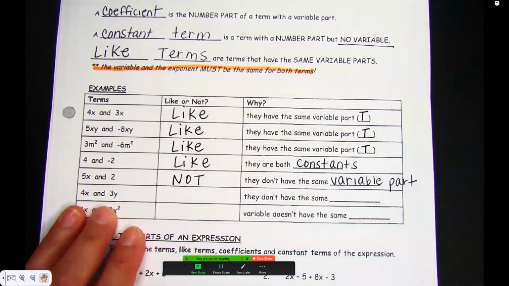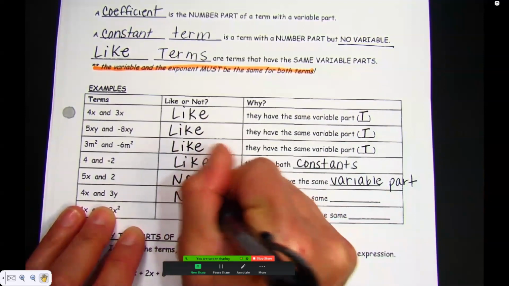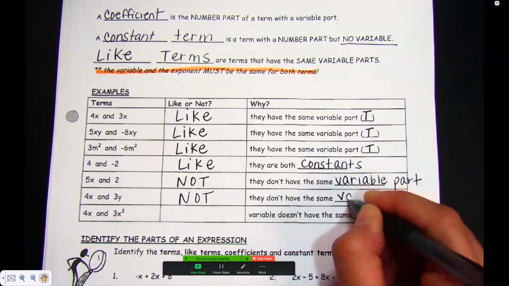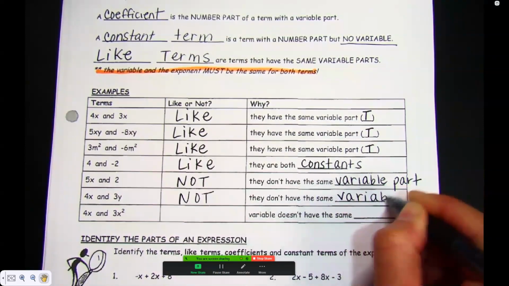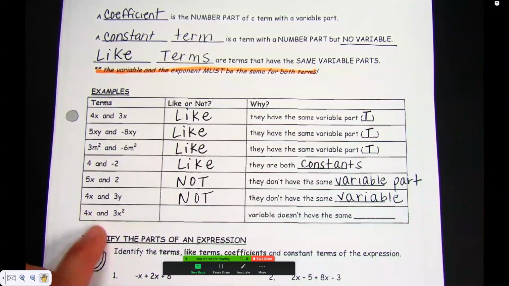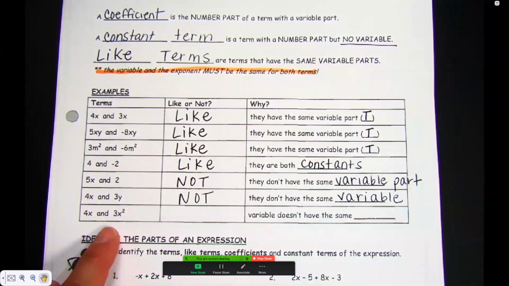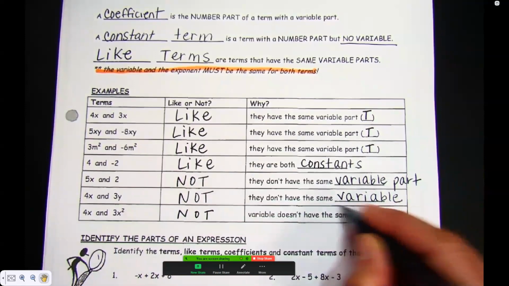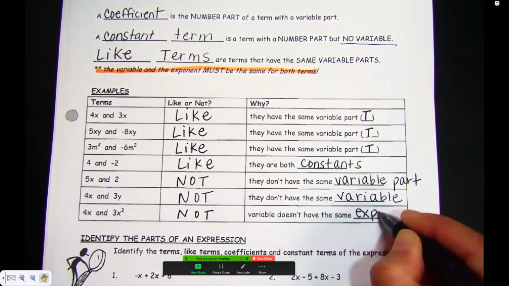Same with 4x and 3y. These are not alike, and I know they're not alike because they don't have the same variable. So even the bottom one, guys, even though they both have x, if one has an exponent and the other one doesn't, they're not alike. The variable doesn't have the same exponent.